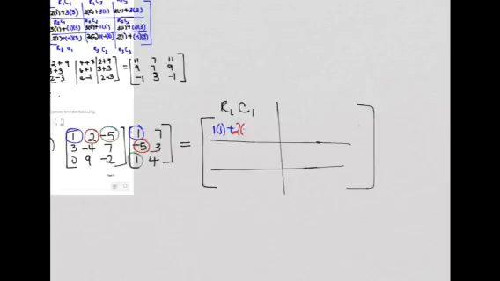2 times -5. We don't have enough space. Plus -5 times 1.